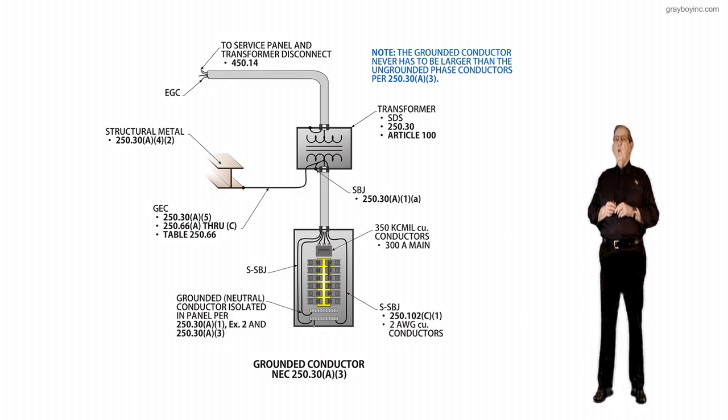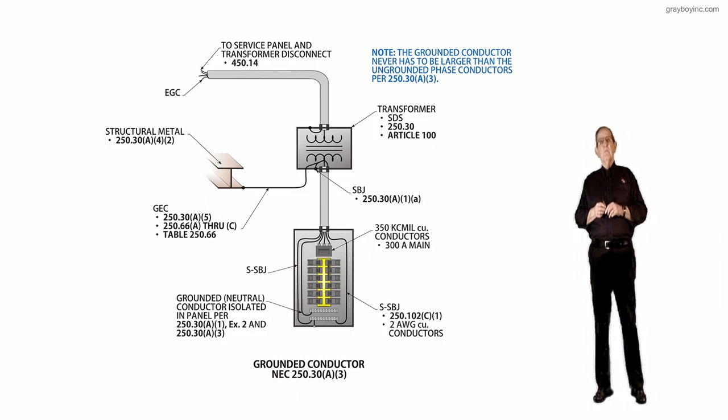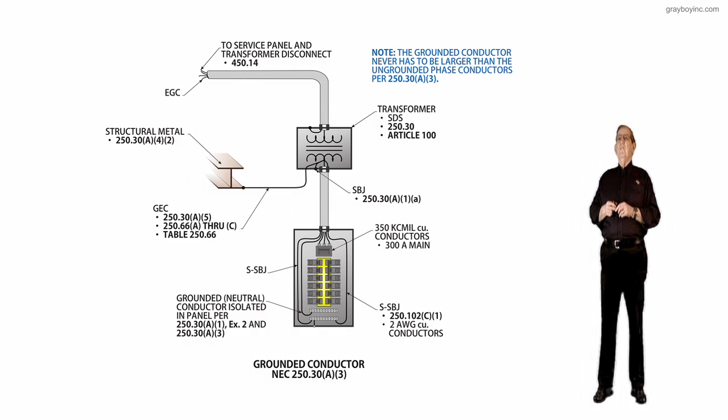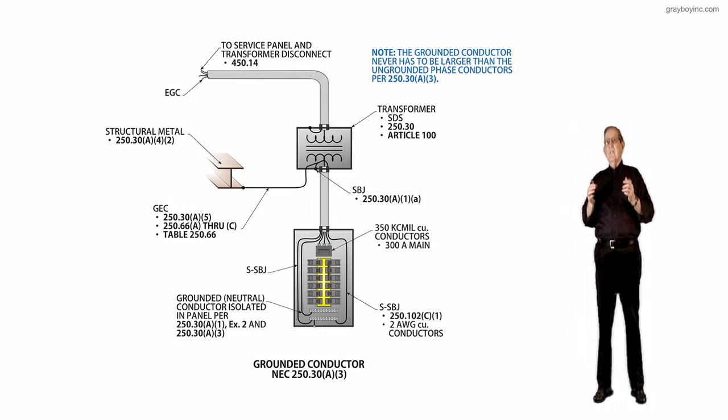And then the note, we want you to remember this note, because the grounded conductor never has to be larger than the ungrounded conductors, as called out now in 250.30(A)(3).